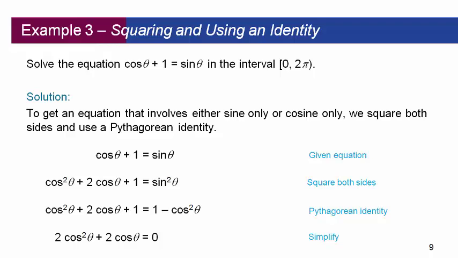If this was all a bunch of cosines, that'd be easy. We could add them together or cancel them out or whatever we've got to do, but now we're stuck with a cosine and a sine, and that's no good. So what do we do? Well, start thinking about the various things that relate a trig function to another trig function, right?